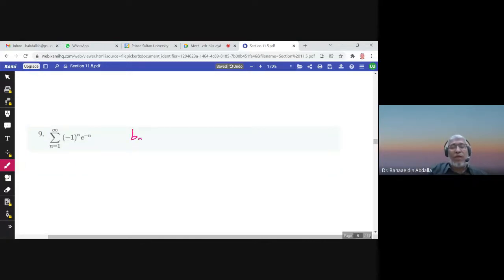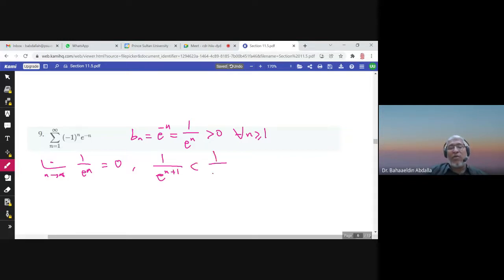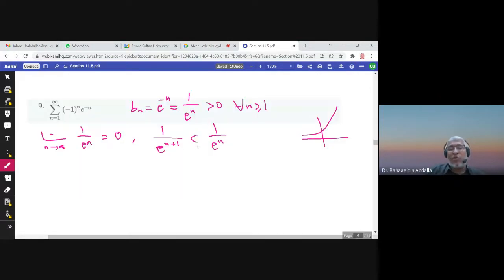What is Bn here? It is e to the power negative n, or 1 over e to the power n. This is greater than 0, and the limit of Bn when n goes to infinity: e to the power infinity is infinity, 1 over infinity is 0, and 1 over e to the power n plus 1 is less than 1 over e to the power n, because e to the power n plus 1 is greater than e to the power n because e to the power x is increasing, so 1 over e to the power n would be decreasing.